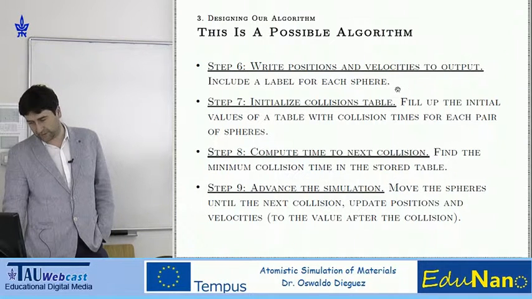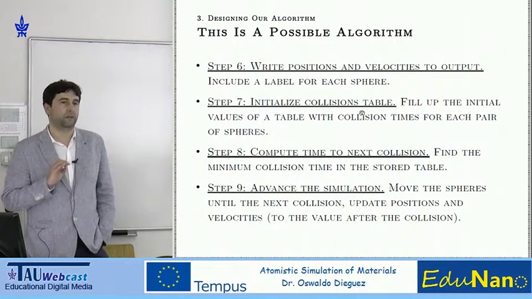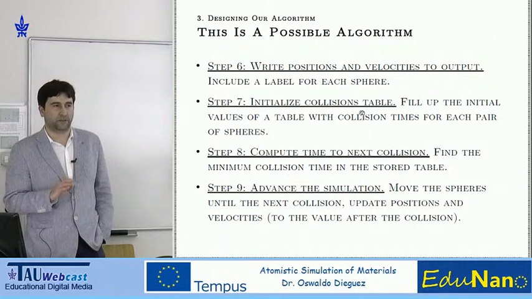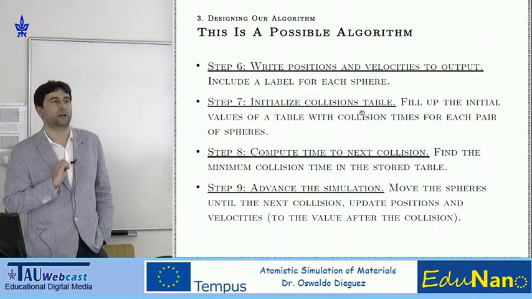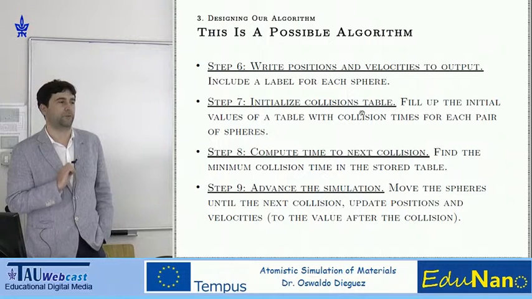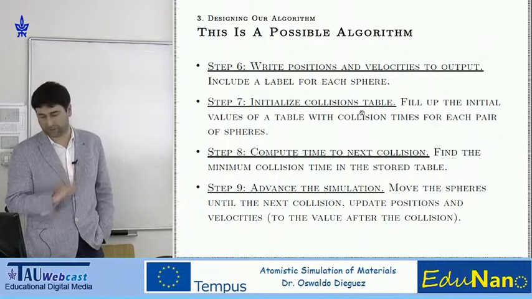Once you have the positions and velocities written, you have to start taking care of tracking all possible collisions, okay? Because the collisions have the most valuable information of the simulation.